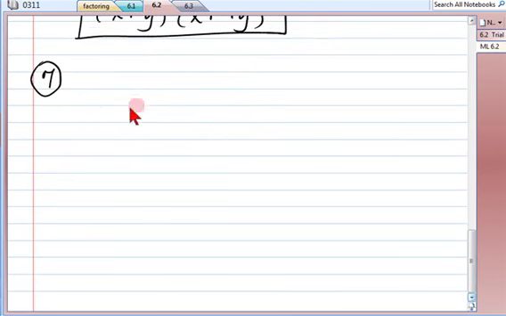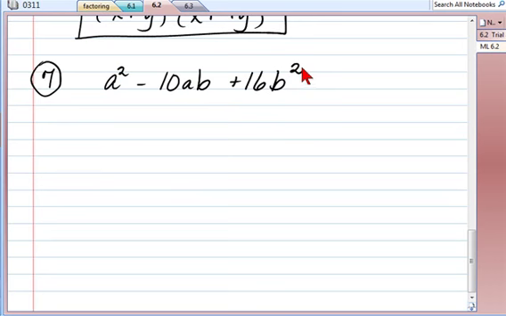All right, let's factor a squared minus 10ab plus 16b squared. This time I have 2 variables. I have an a squared on the front, a b squared on the back, and an ab in the middle. There is no common factor to all those terms. I will try trial and error.